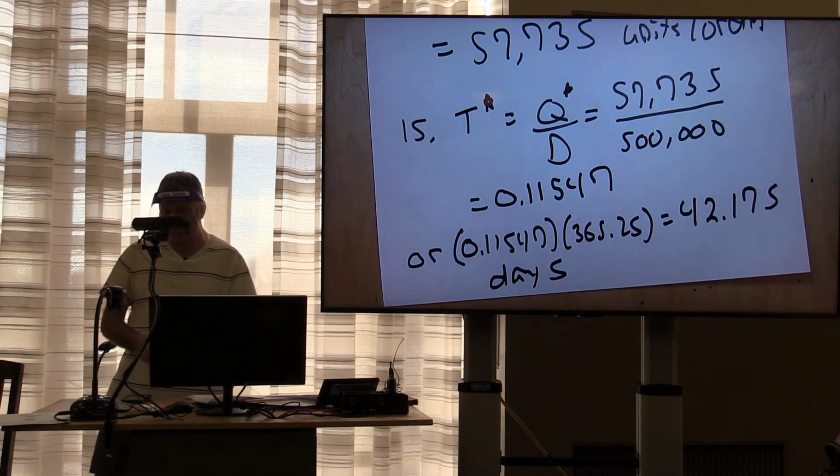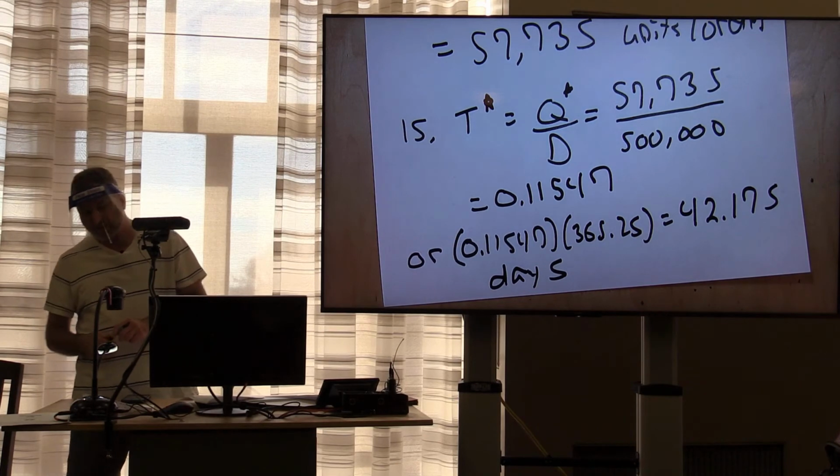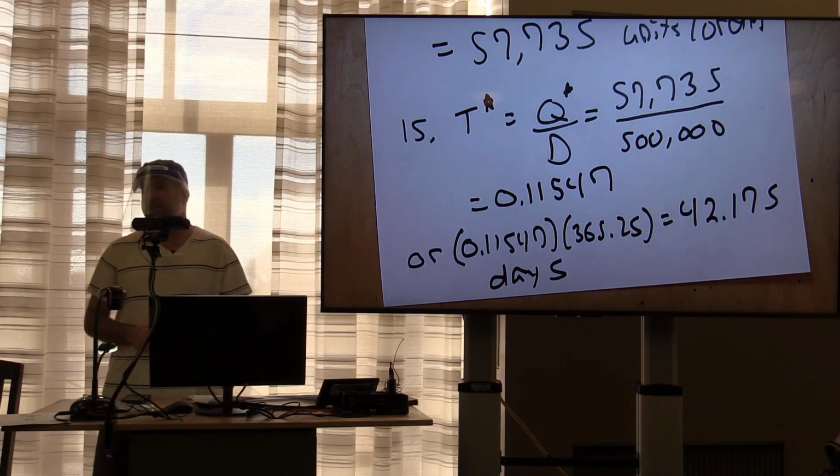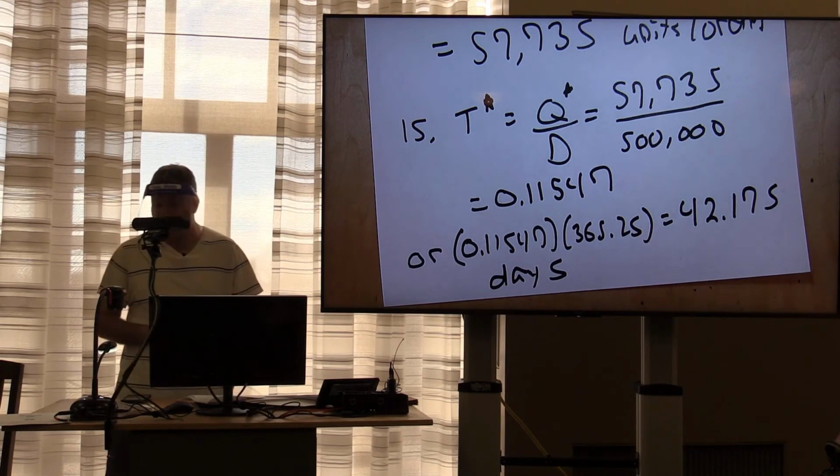So what that means is that we're going to run out of inventory in about 42 days. So if there's no lead time, that's when we have to place our new order.